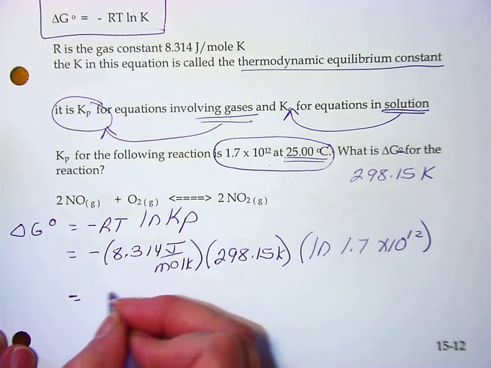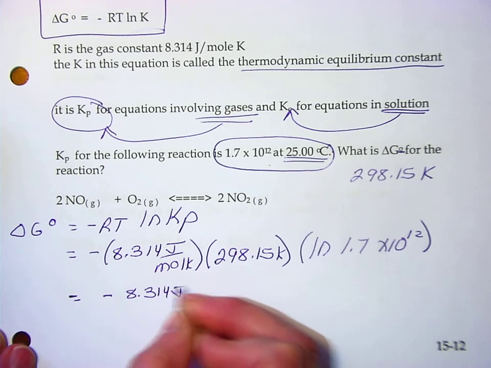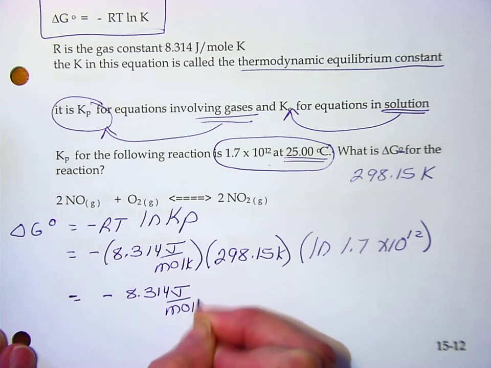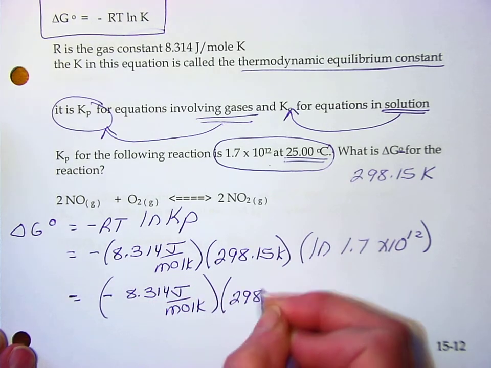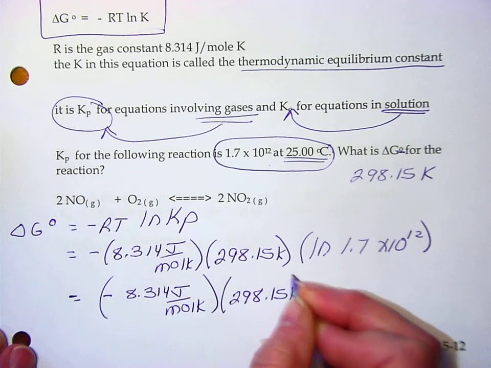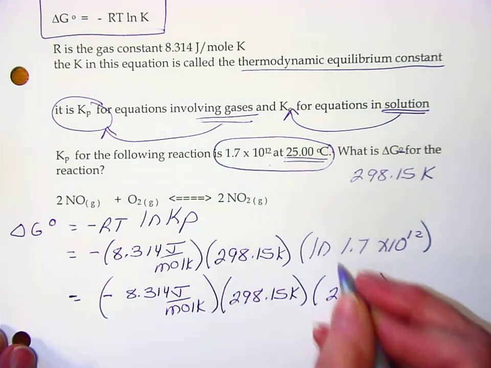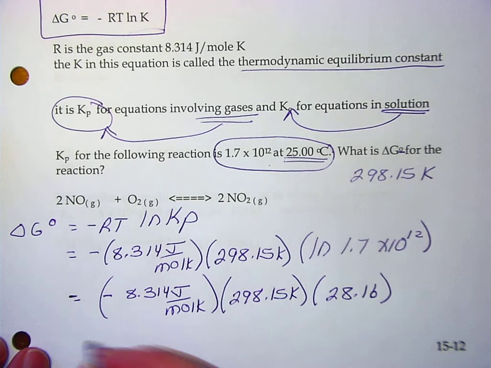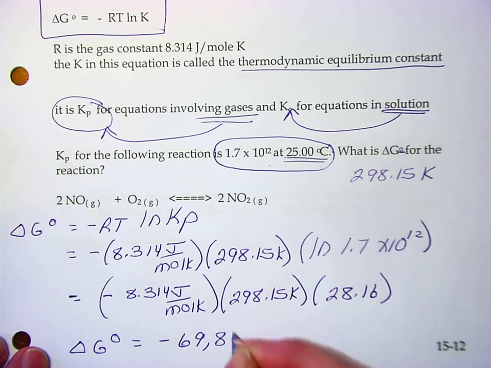So that's equal to negative 8.314 joules per mole Kelvin times 298.15 Kelvin times 28.16. That's the natural log of my K value. So delta G0 is equal to negative 69,810 joules per mole.